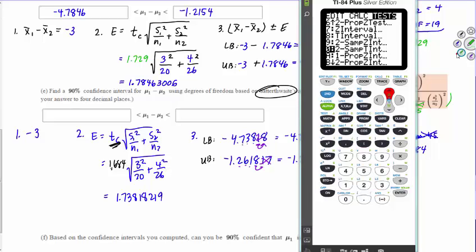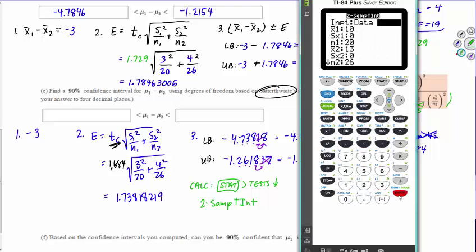So on the calculator, we would hit the stat button, scroll over to tests, down to the 2-samp t interval. We'll put in summary statistics here.